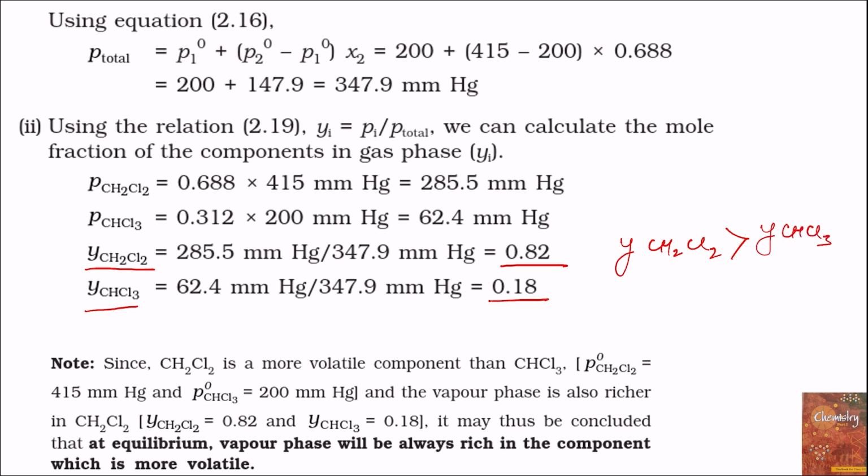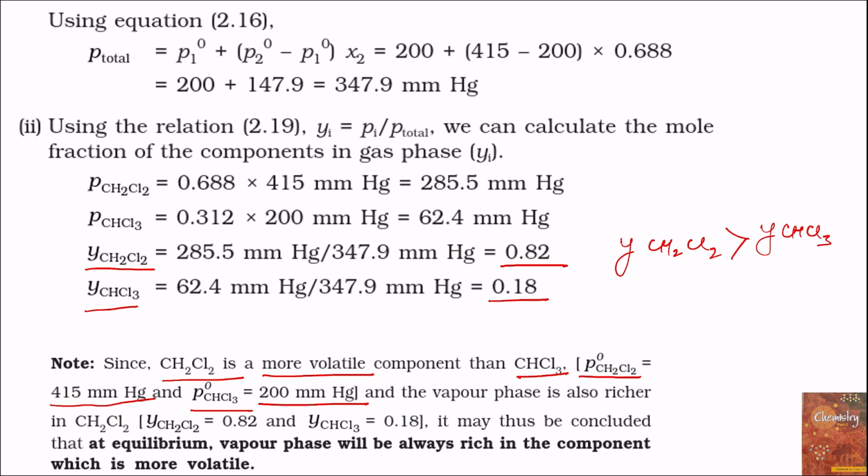Why is this so? This is so because dichloromethane is more volatile than chloroform. And how do we know that dichloromethane is more volatile than chloroform? The vapor pressure of pure dichloromethane is 415 mm of mercury and the vapor pressure of chloroform is 200 mm of mercury.